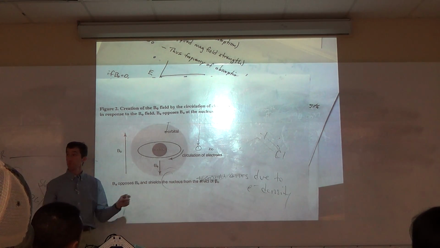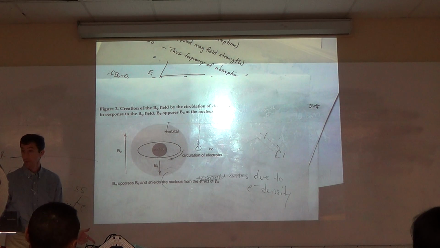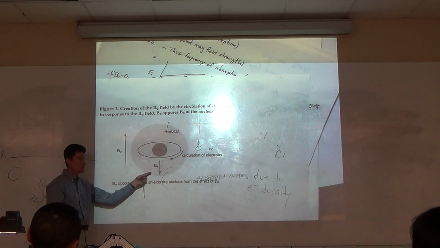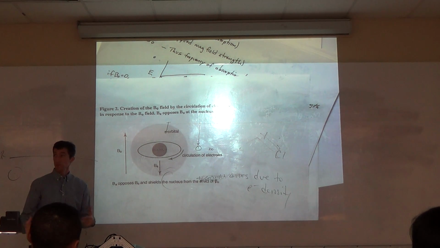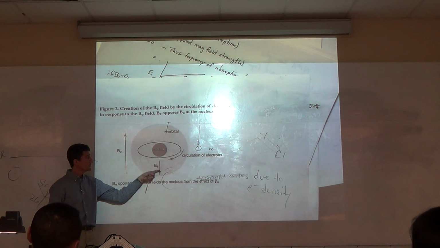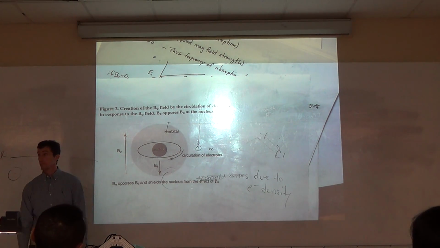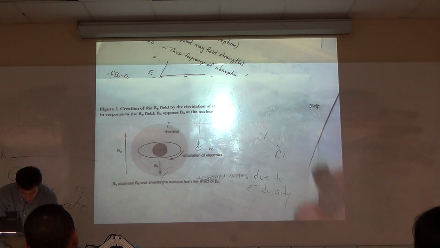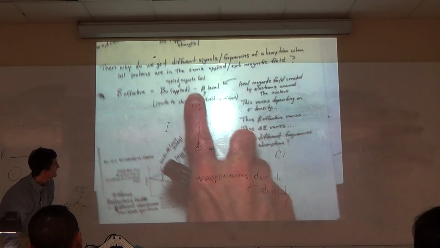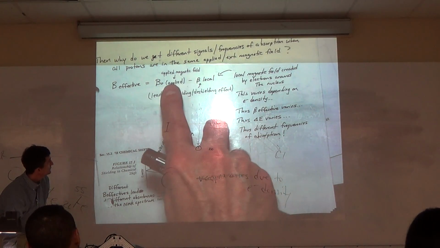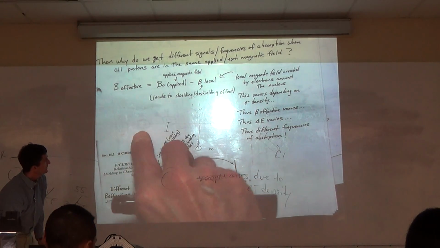Opposing the sun makes you feel less sun, right? And so we would say the sunscreen is like a shielding effect. Shielding you from the sun, this is shielding you from feeling so much magnet because it's going the other way. It's opposing. That's why up here that's a negative, because the B local opposes that and makes the B effective lower.